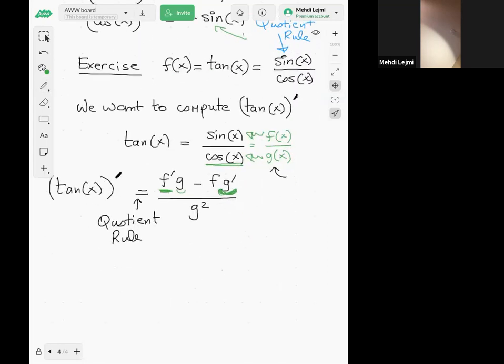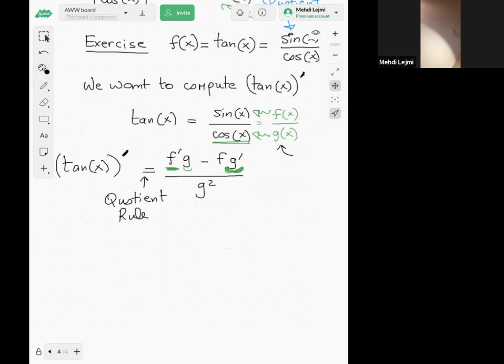If you apply the quotient rule, the derivative of tangent of x is f prime, which is cosine of x, times g, the denominator, so times cosine again. Then there's the minus, and f, the top, is sine, so minus sine of x times g prime.